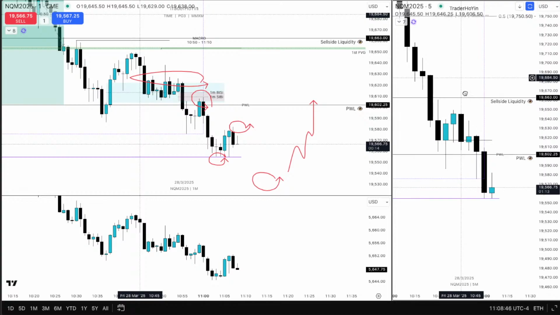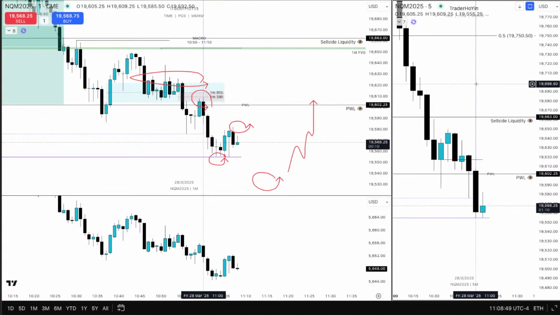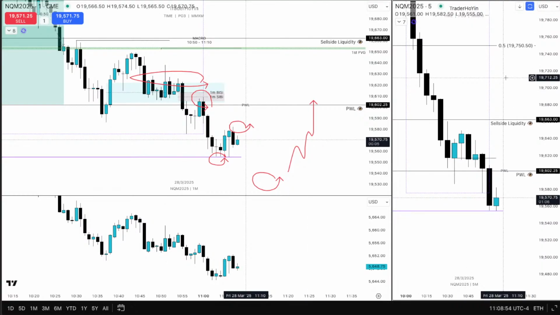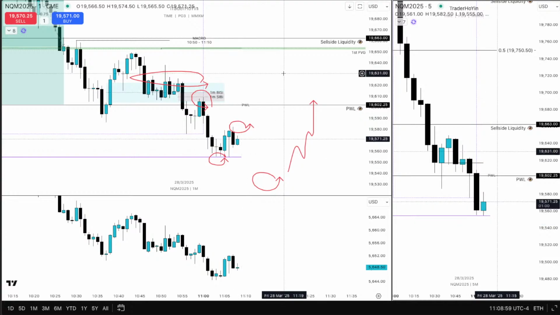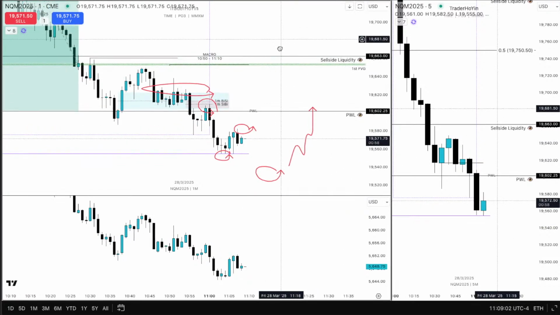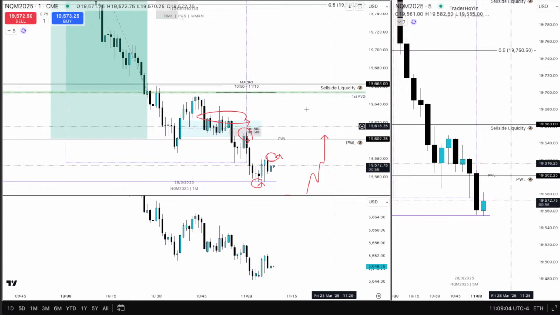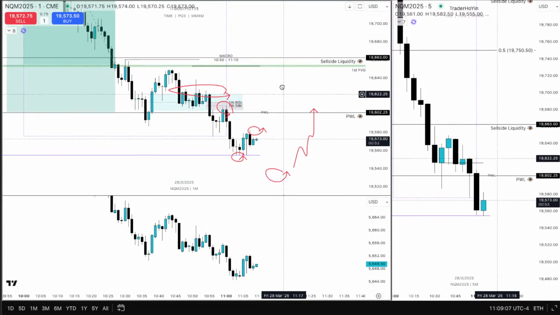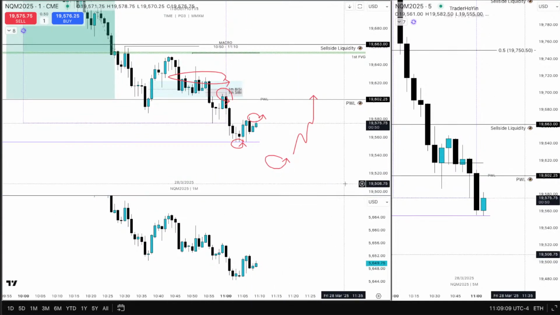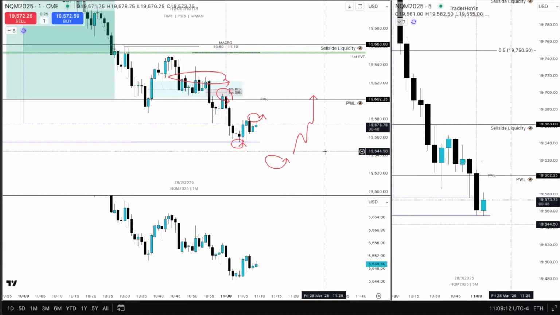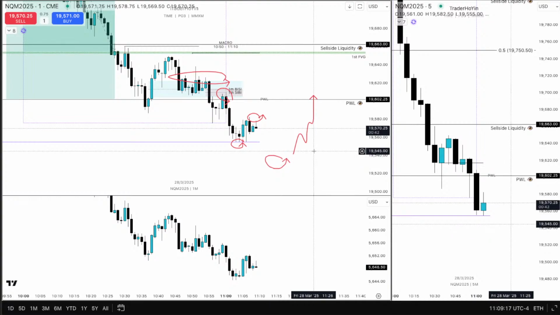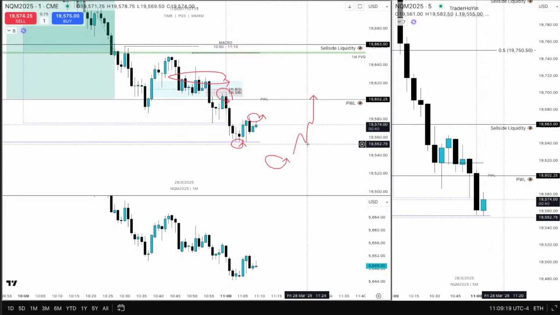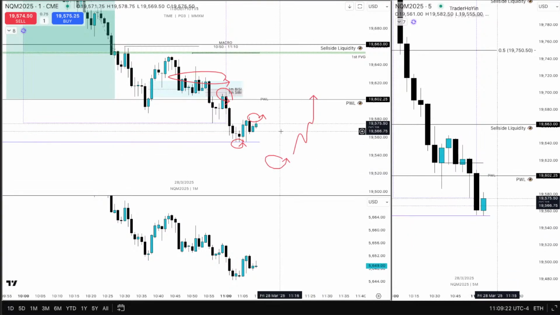When all these big money, the people, they go to lunch, they turn off their computers, and then the algorithms start working, taking them out, right? So it's always wise to close your position before 12 p.m. because once it's 12 p.m., it will allow the price to do the stop hunts.